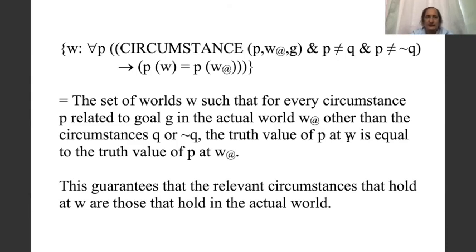Okay. We can read it out like this. This is the set of worlds W such that for every circumstance P related to goal G in the actual world W sub A, other than the circumstances Q or not Q, the truth value of P at W is equal to the truth value of P at the actual world.